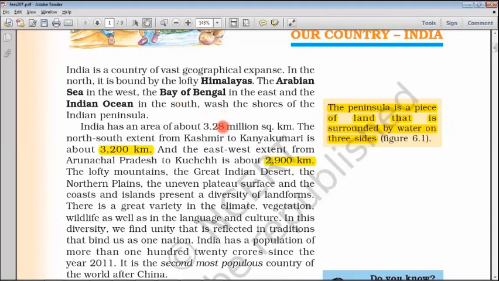Suppose you say India is this big. With this number, we will have to get an idea of how big India as a country is. Such kind of understanding is needed rather than the actual facts and numbers. And from north to south, that is from Kashmir to Kanyakumari, India's extent is about 3,200 kilometers.